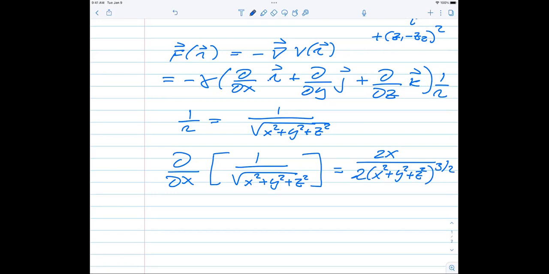When we rewrite it, this is the same as x divided by r to the power of 3. Does that sound reasonable, guys?